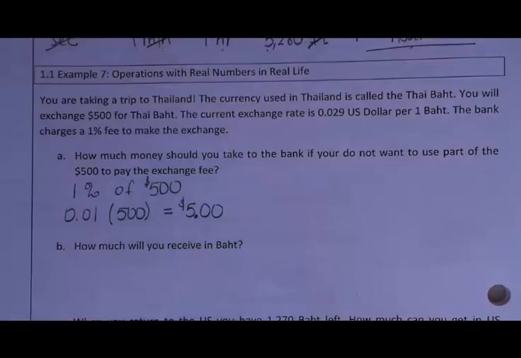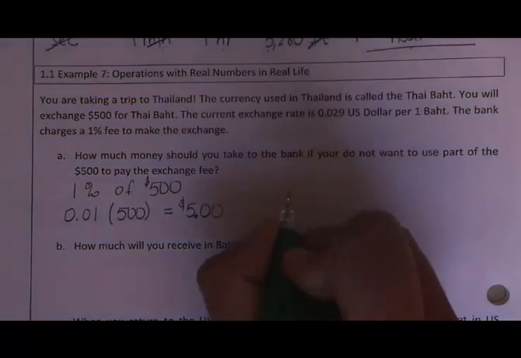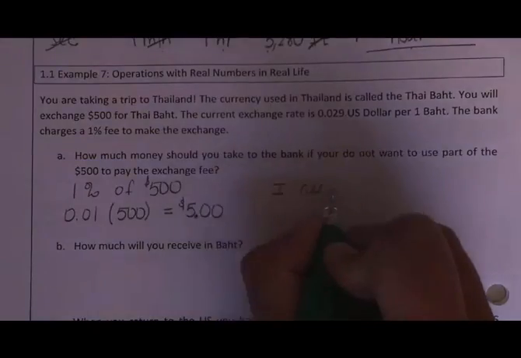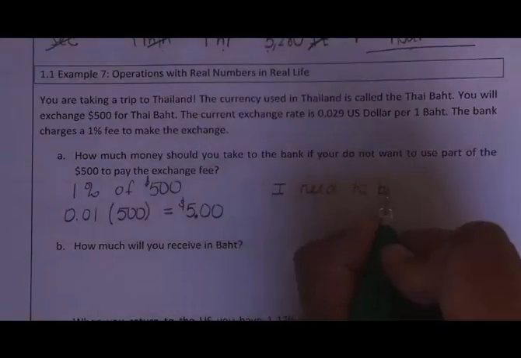So how much money, if I want to exchange all my $500 and I want to pay the exchange fee, how much money total should I bring with me to the bank? I should bring a total of $505 to the bank.